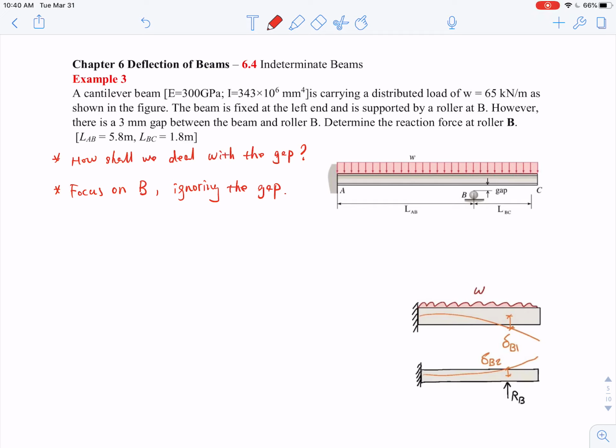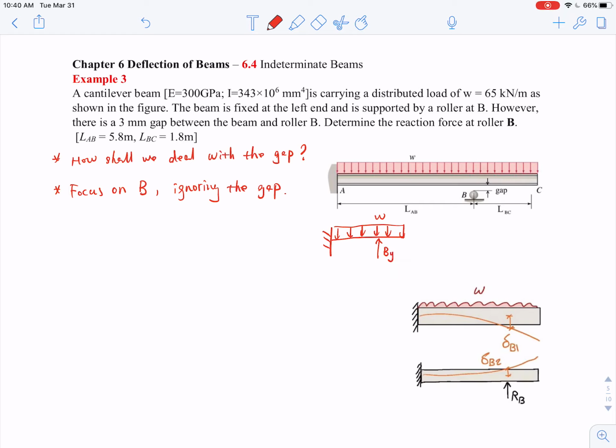So if that is the case, and we ignore the gap, so here this overall thing can be simplified as concentrated load W through AC, and we have a reaction force By.